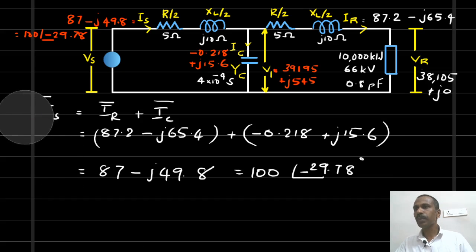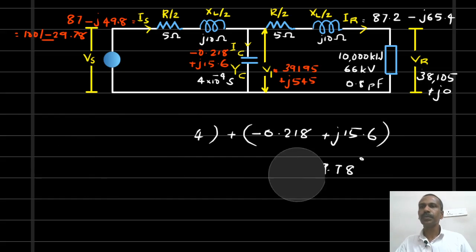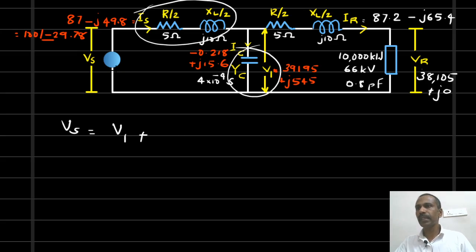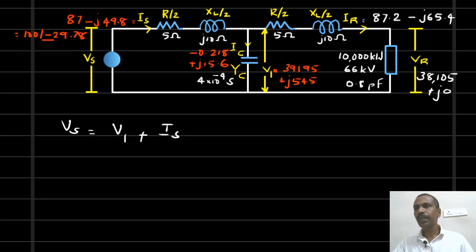Now we will find out the sending end voltage. Vs is equal to V1 plus the drop across the transmission line. The drop in the transmission line is current into impedance, IS into Z by 2.